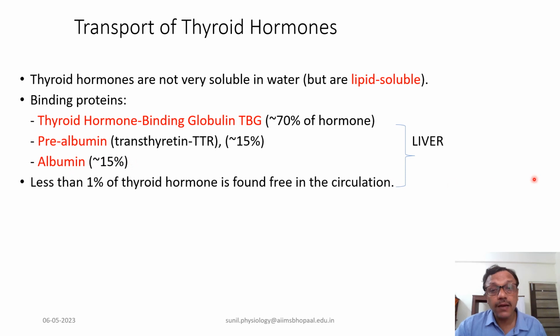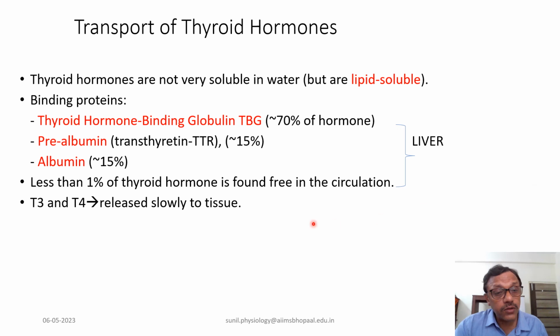Now when T3 and T4 get associated with these binding proteins, only a very small amount, approximately 1% of the hormone, is free in the circulation, and this is the free circulatory hormone which will produce the physiological or biological effect. So T3 and T4 are released slowly to the tissue.